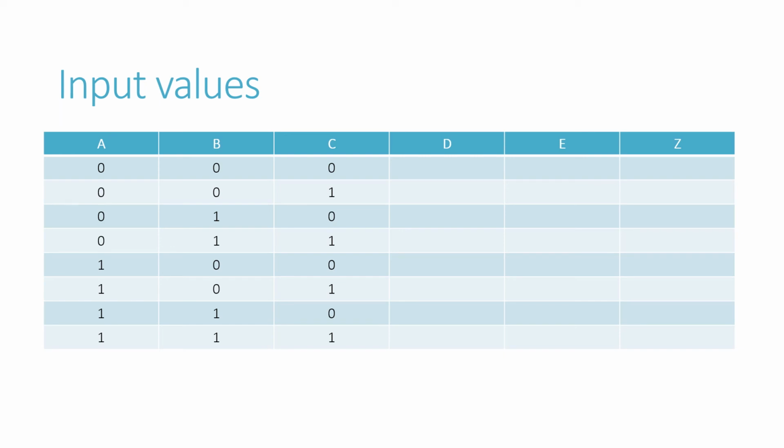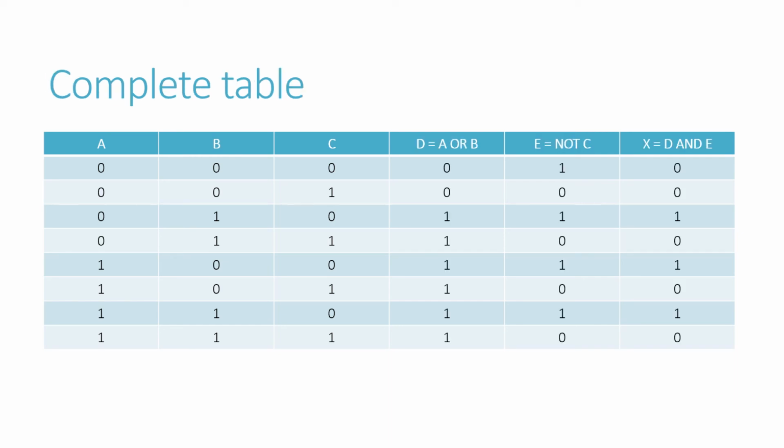Right, so now we've got to think what expression is equivalent to each of the letters. So D is A or B, E is not C, X is D and E, and here are all the values.